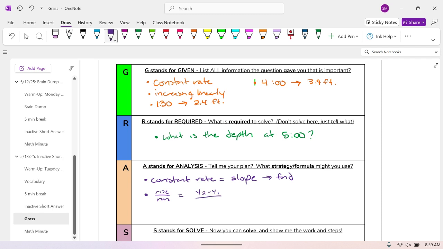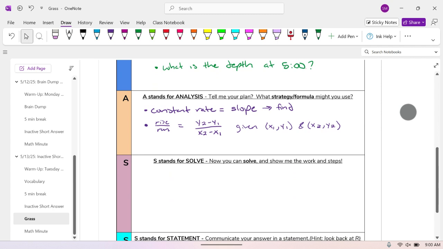You guys remember this? So if you're given two different points, you can subtract the two, with the rise, which is the y's, over the x's, which is the run. So this is kind of how we're going to do this.